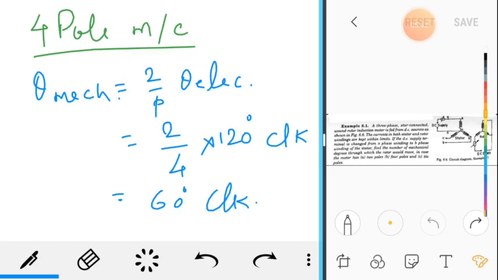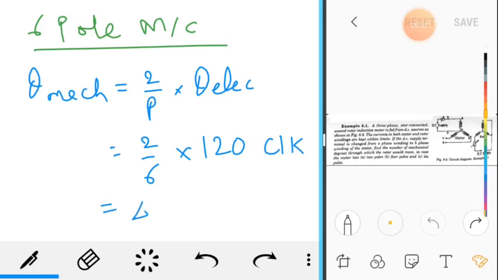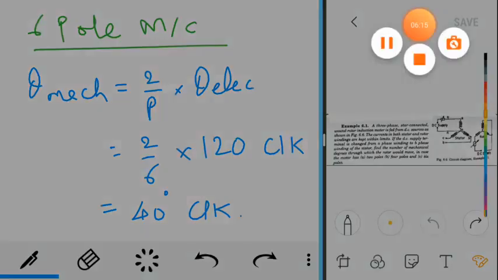From 2 pole to 4 pole, the rotor is rotated 60 degree, whereas in 2 pole it was 120 degree. Similarly, for the 6 pole machine, theta mechanical equals 2 by 6 into 120 clockwise, equal to 120 by 3, which is 40 degree clockwise. So this is the answer of the solution of the question.